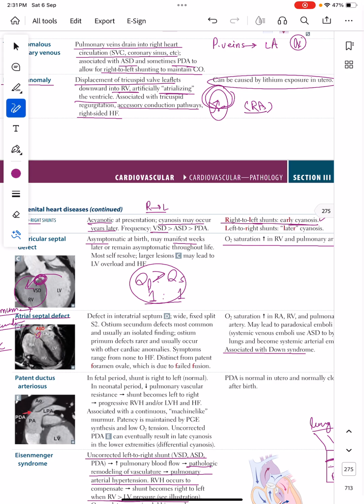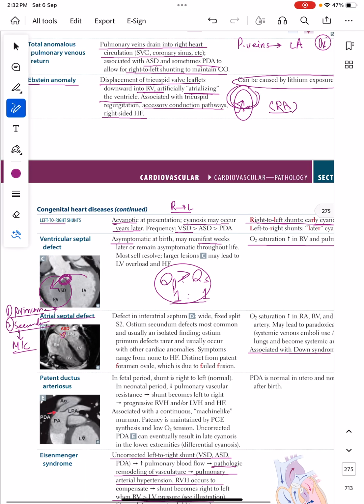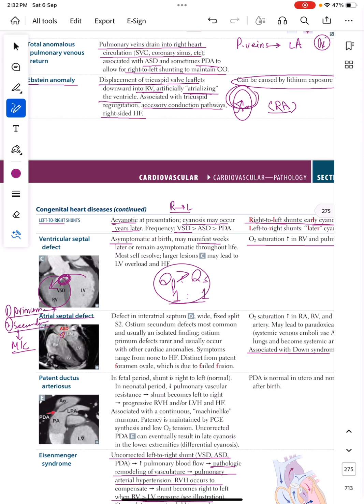Because whenever there is a problem in the ostium primum, that is because the ostium primum does not fuse with the endocardial cushions here. So whenever there is a problem with the endocardial cushions, that is seen in the AV cushion defect as in Down syndrome. So it is not an isolated defect, it is associated with some other defects as well.